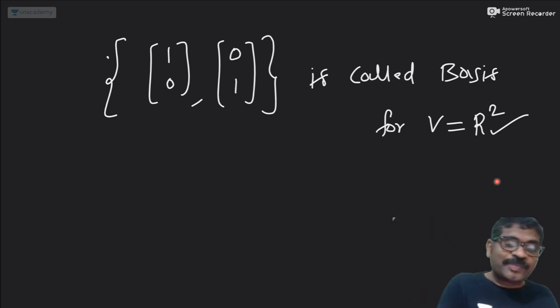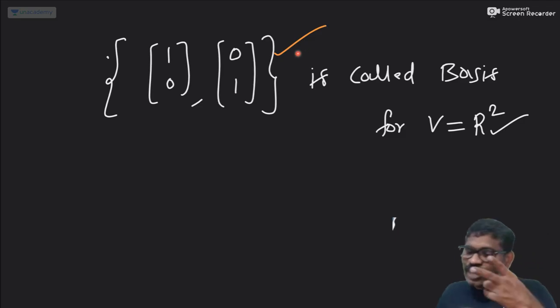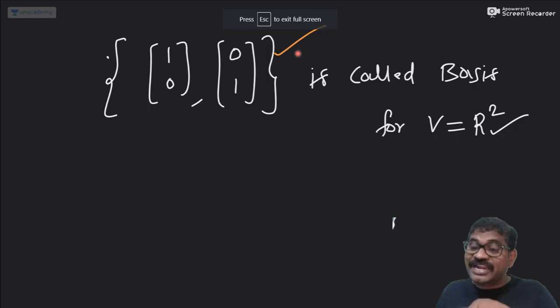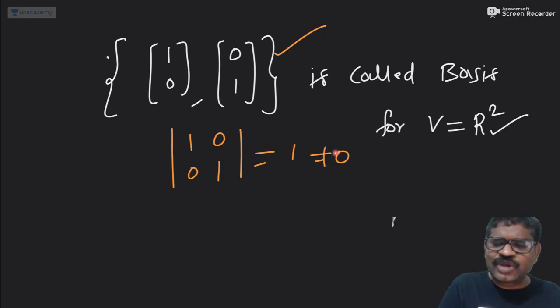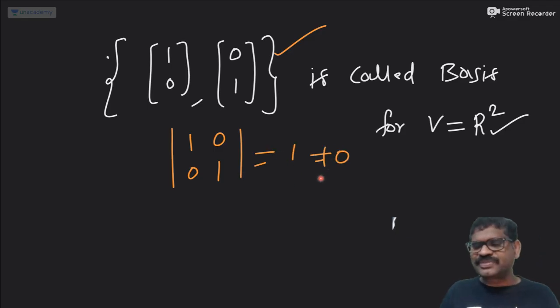Clearly, this basis satisfies two conditions. First condition is the vectors are independent. Yes, arrange the vectors in a matrix. Calculate the determinant value. Non-zero or zero? Non-zero. So the first condition is satisfied. The vectors are linearly independent. Now, second condition. Sir, what is the second condition?